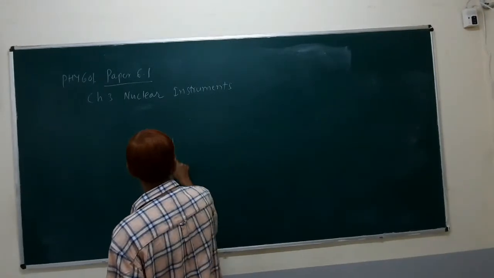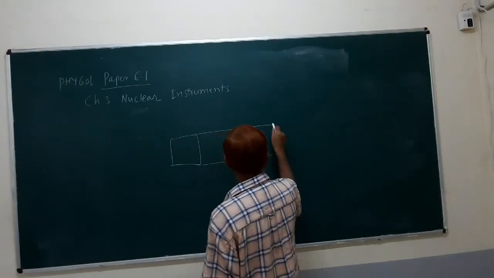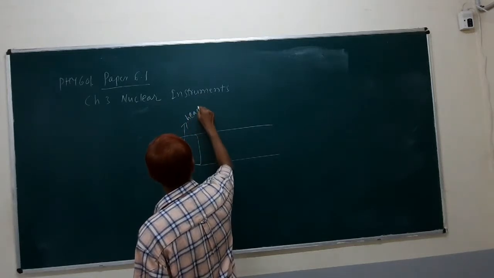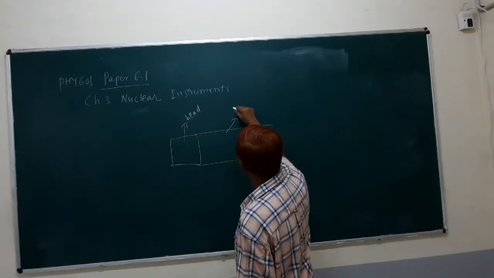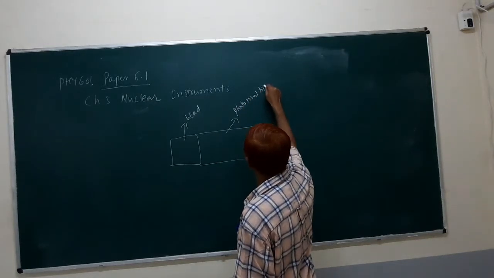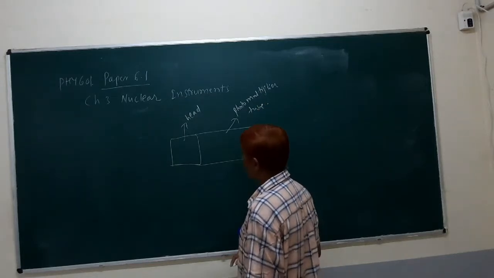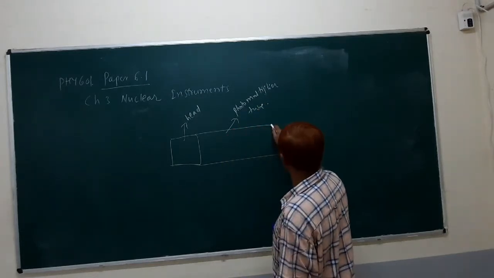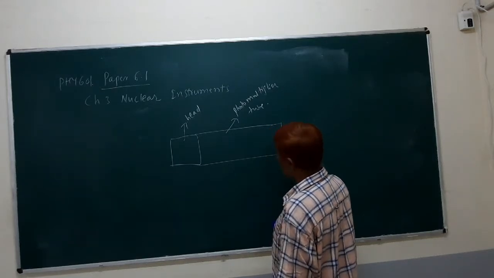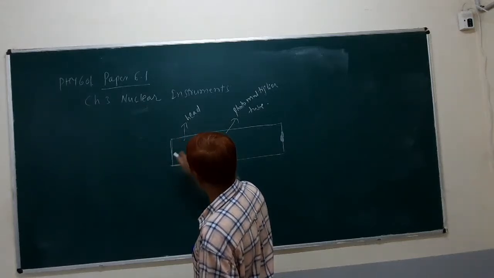The scintillation counter is this. It consists of a scintillation head, then we have a photomultiplier tube. This is called the head. This is a photomultiplier tube. And we have here the final scintillation counter.